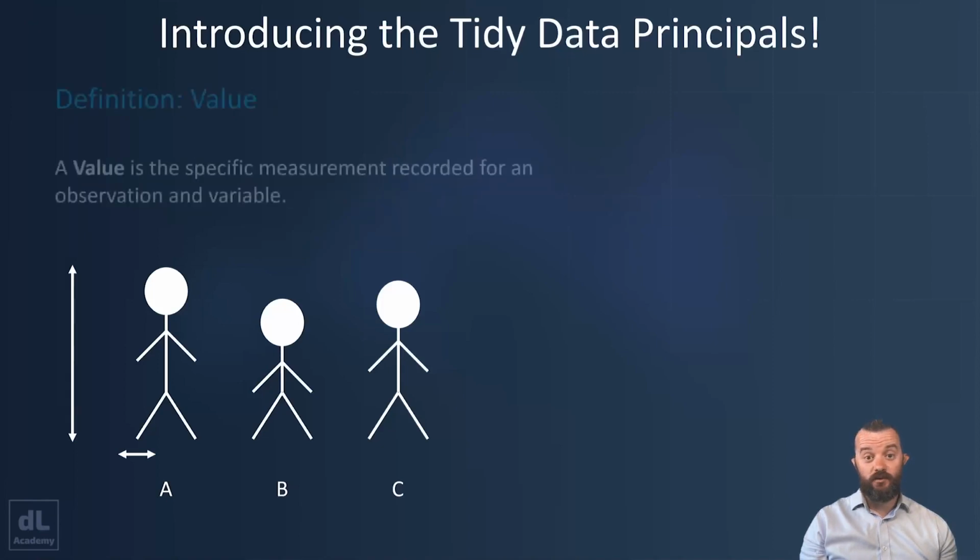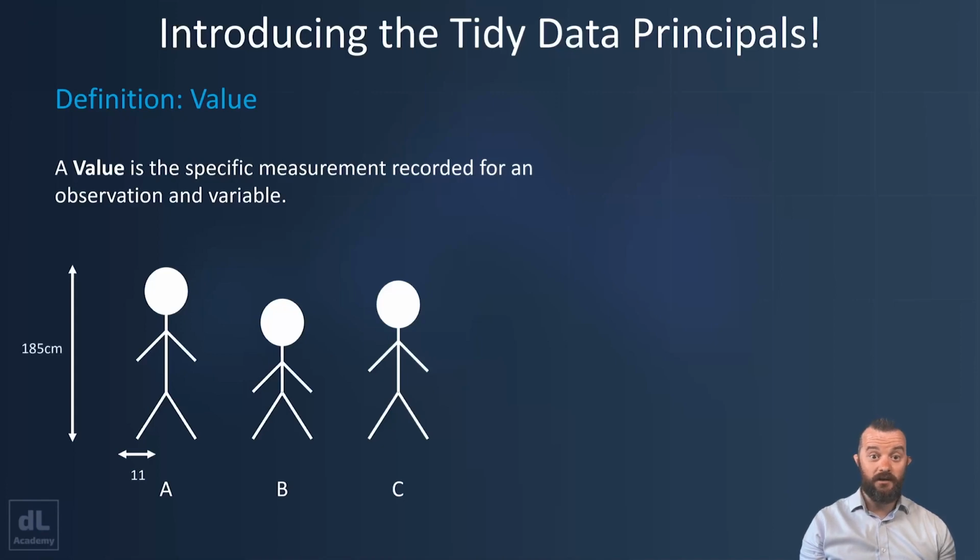The final definition we need is that of a value. A value is the individual specific measurement for an observation and a variable. So for example, a shoe size of 11 would be a value. A height of 185 centimeters for observation A would be a value.